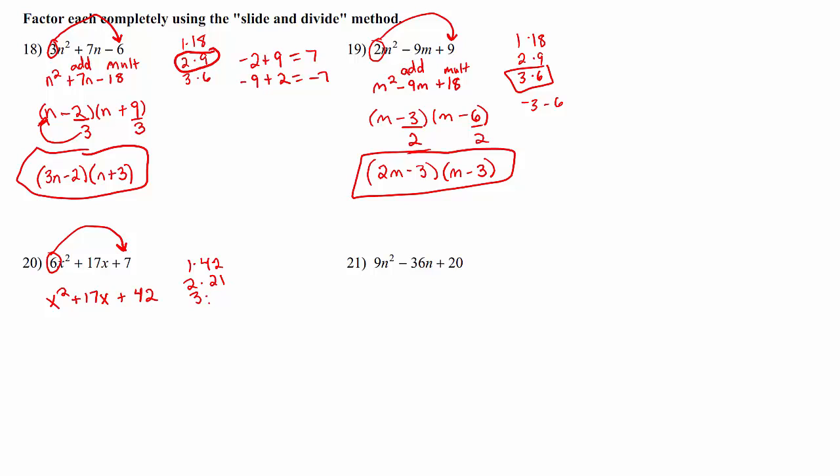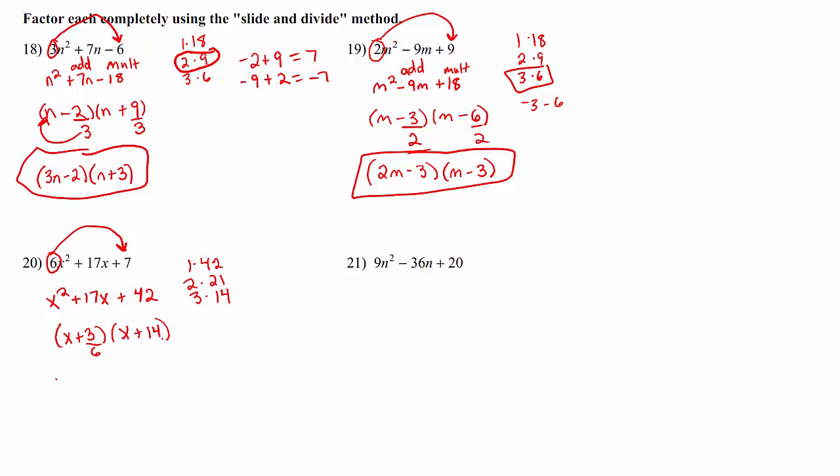To me, it almost seems like it saves time, but I know that a lot of students in particular would not enjoy doing that and will just try to come up with the factors off the top of their head. There's nothing wrong with that unless it takes you forever to do it. 3 and 14 add to get 17, so that's what I want, and that was not something that would have easily come to most of our minds. So we put the 3 and the 14.